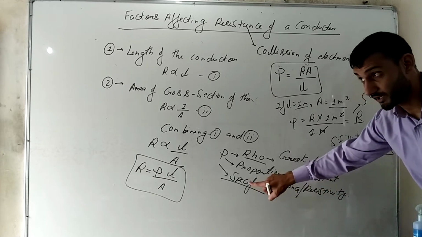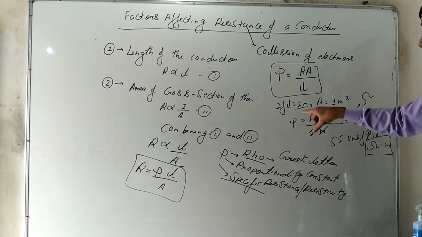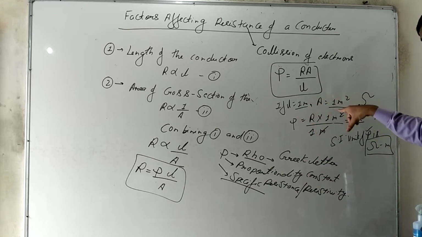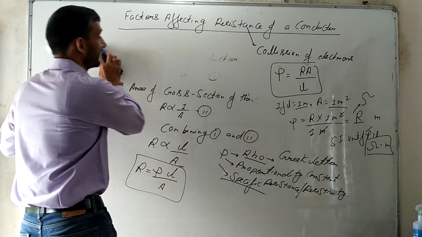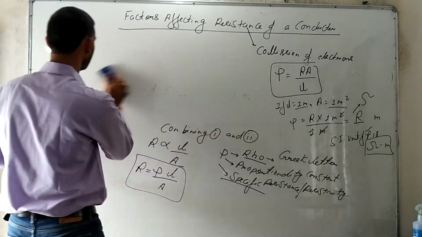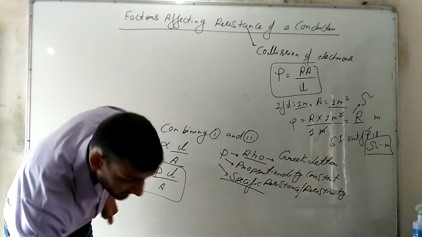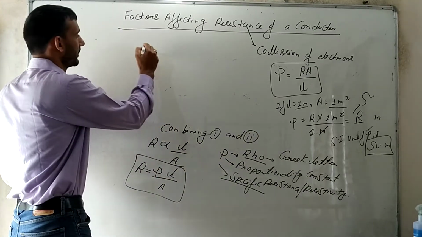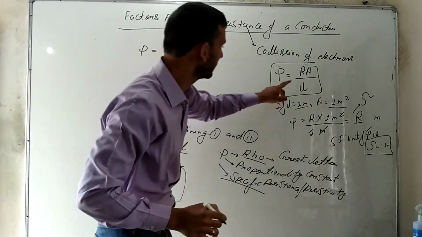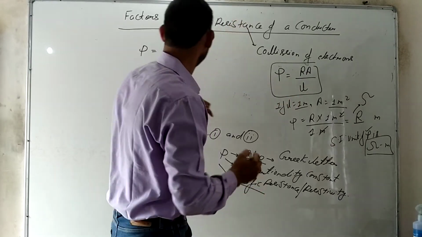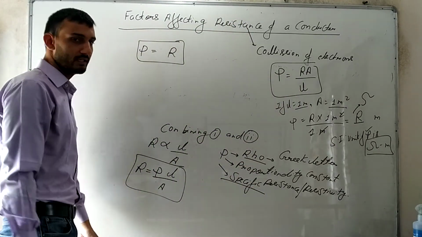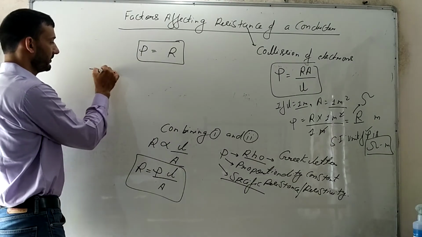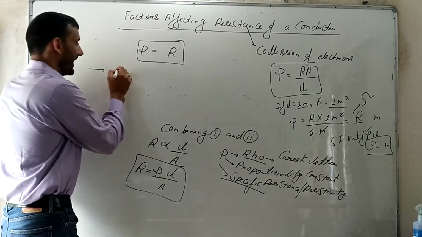Now coming back to this point, what is the specific here? The specific is the length and the specific is the area. Now if you look there, because this has become 1, this has become 1, rho is equal to R. Now this is interesting. If I define this rho, how to define it?